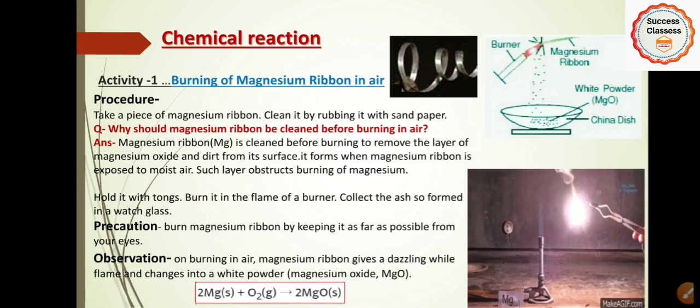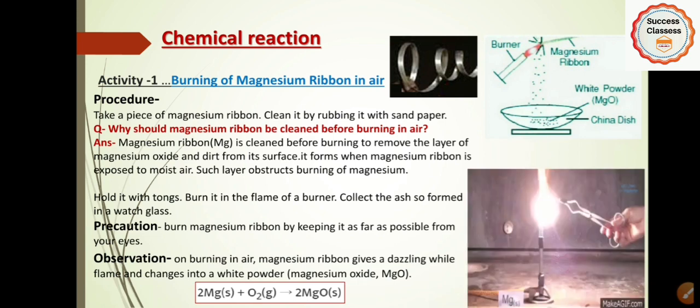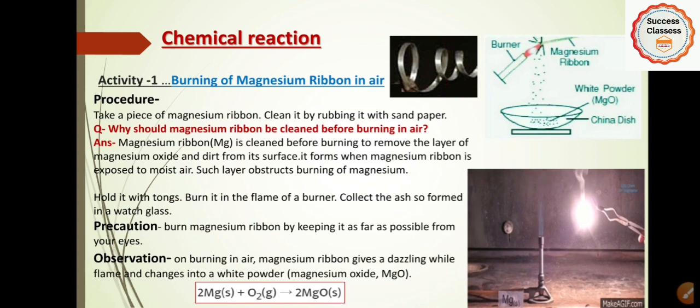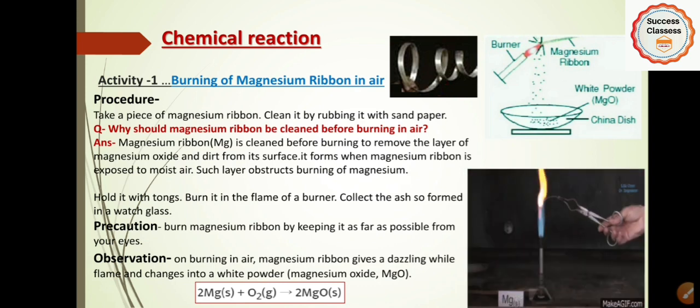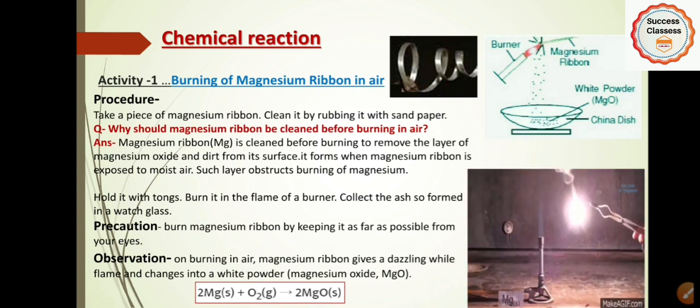When the magnesium burns, we have to keep it away from our eyes as far as possible, because magnesium burns with a dazzling white flame, and that flame is harmful for the eyes.